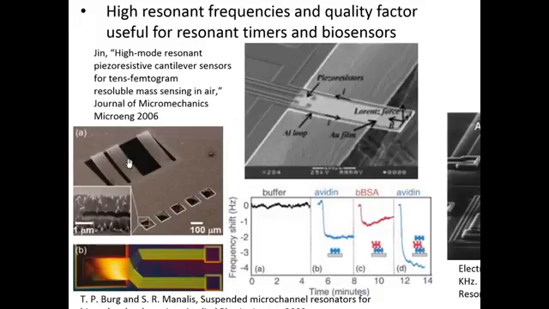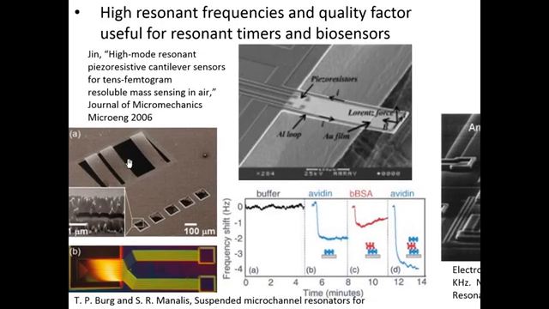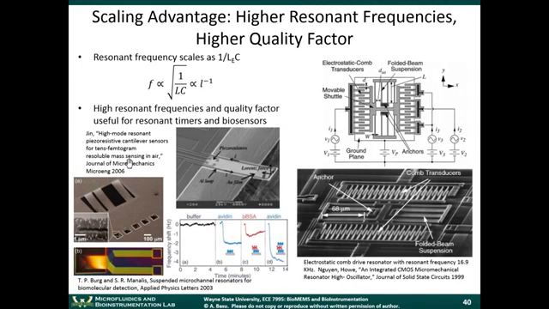You can measure the amount of protein on that cantilever down to femtograms. Okay, very, very sensitive mechanism. It relies on the favorable scaling of resonant frequencies in microscale devices. I also want to mention this thing about quality factor.